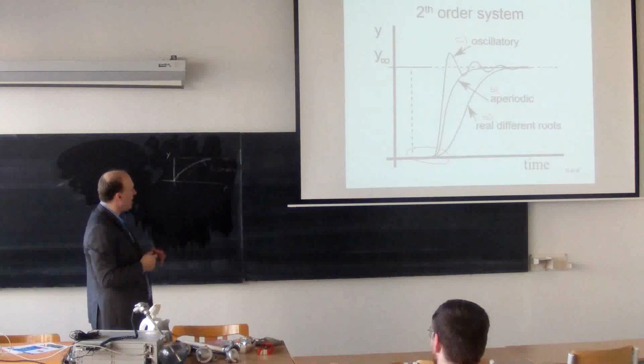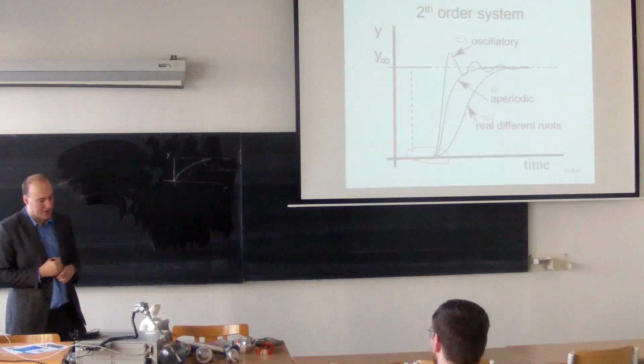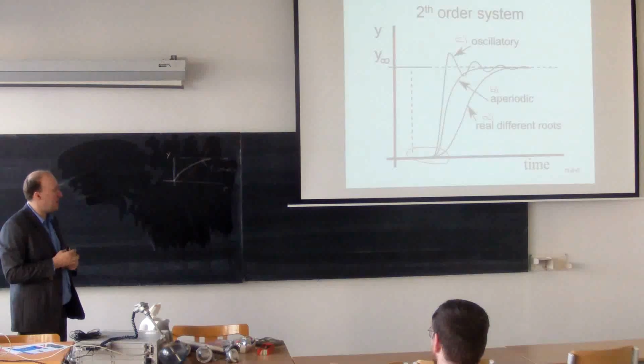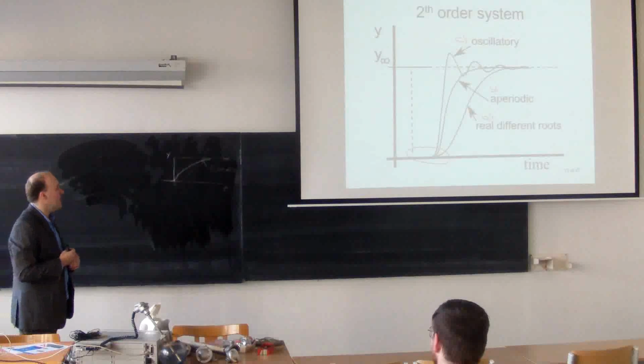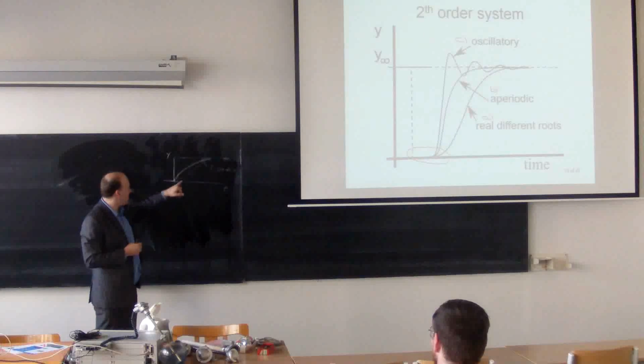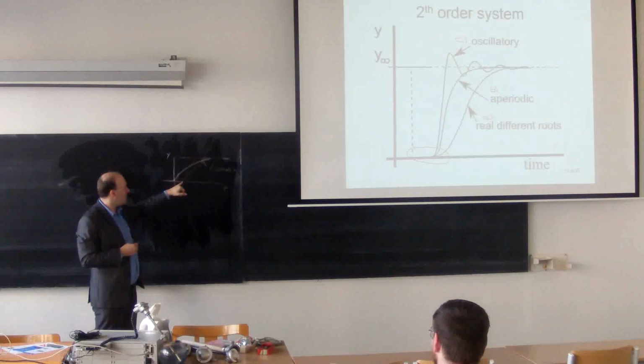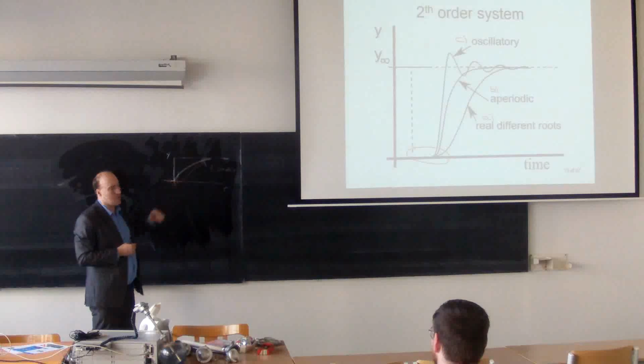So we'll make an analysis. When you will be doing a lab experiment with temperature sensors, which will be in approximately 3 weeks, all the responses that we will measure will be similar to the second order system. So there will be some delay before the sensor will give you an output.